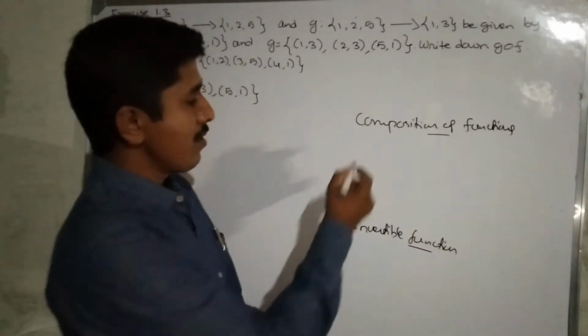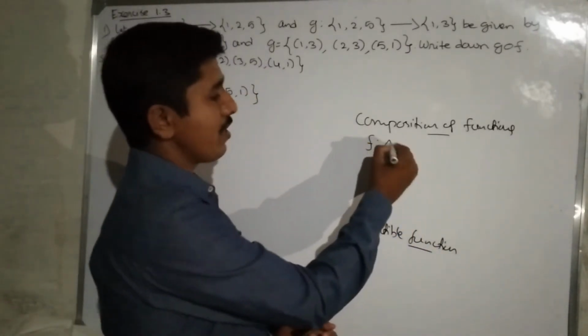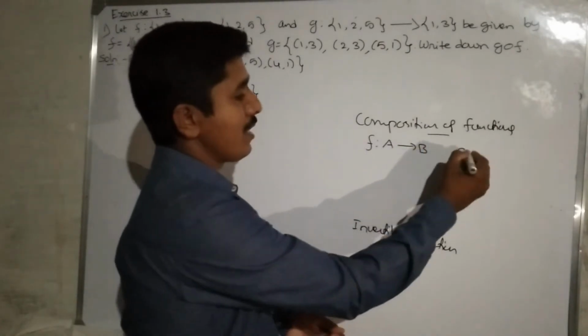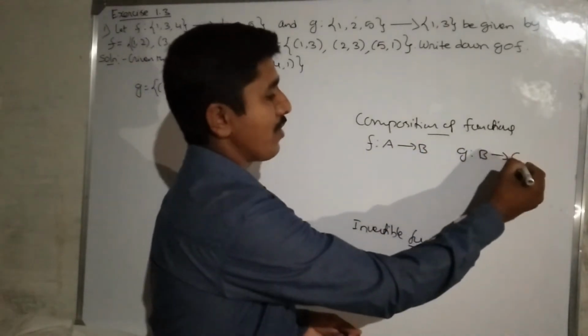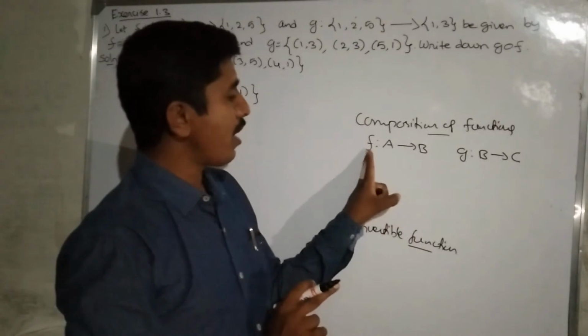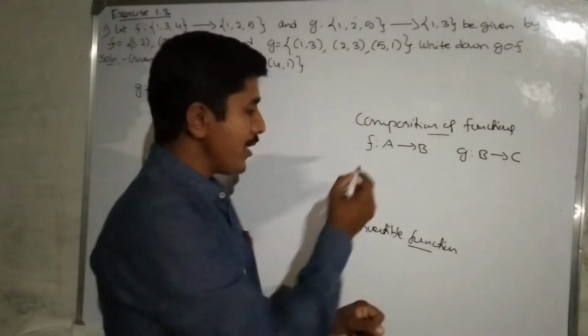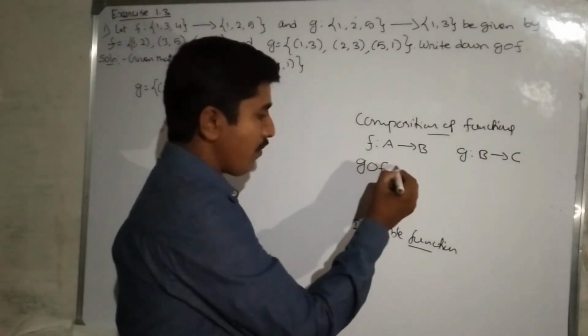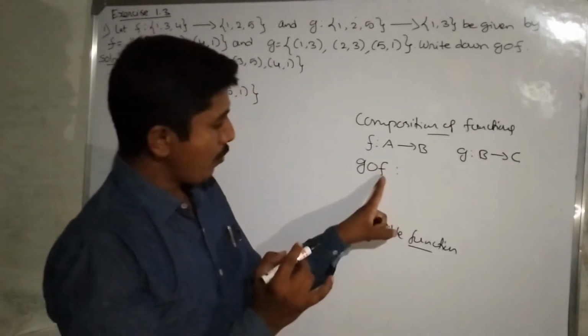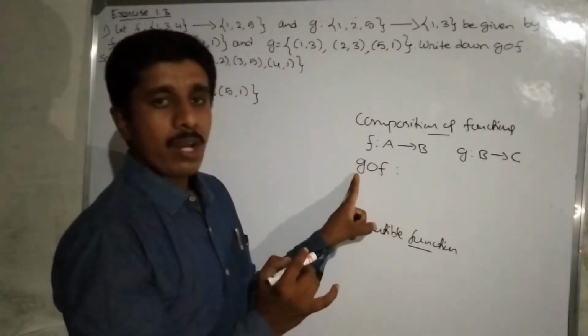Composition of functions: there are two functions, f from A to B, one function, and g from B to C, another function. Then the composition of f and g, denoted by gof, from the domain of f to the codomain of g.